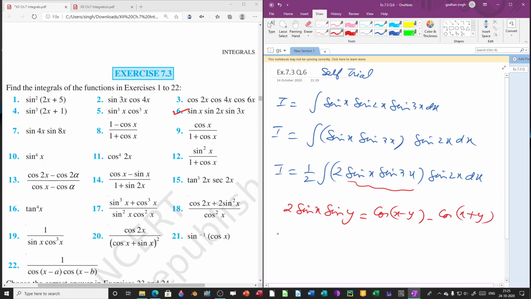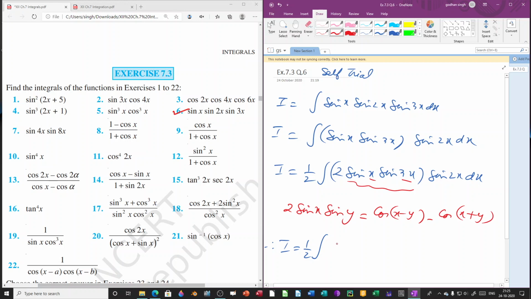So this can be written as, therefore, I equal to half integration of, this we can consider for the time being as x and this as y.